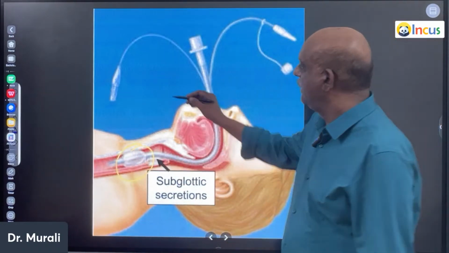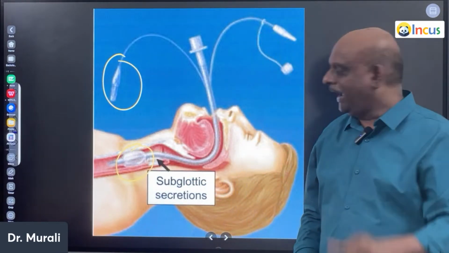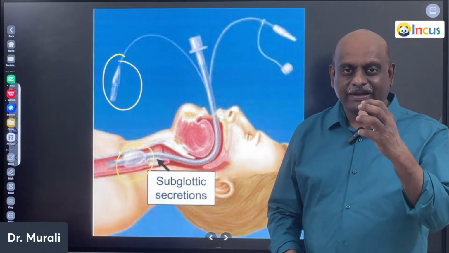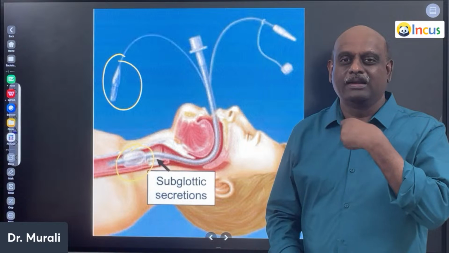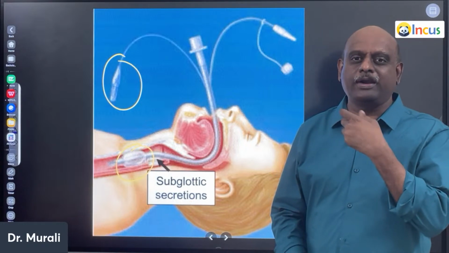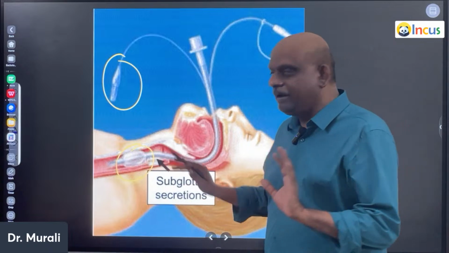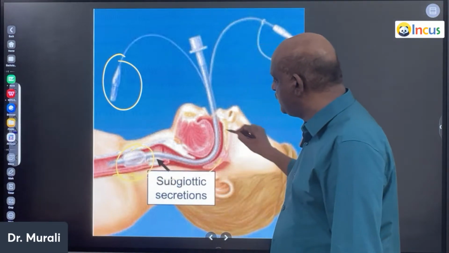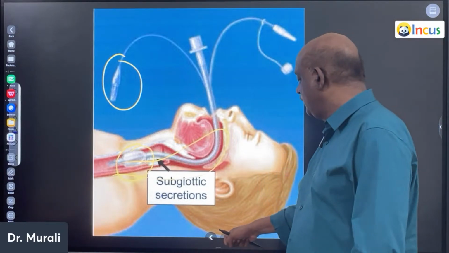You will be passing air, leading to the blowing of the cuff. If you blow it with more pressure, it can lead to the development of endotracheal damage. So optimally you need to blow it, and it prevents the secretions in the GIT from entering into the respiratory tract, is what you have to remember.